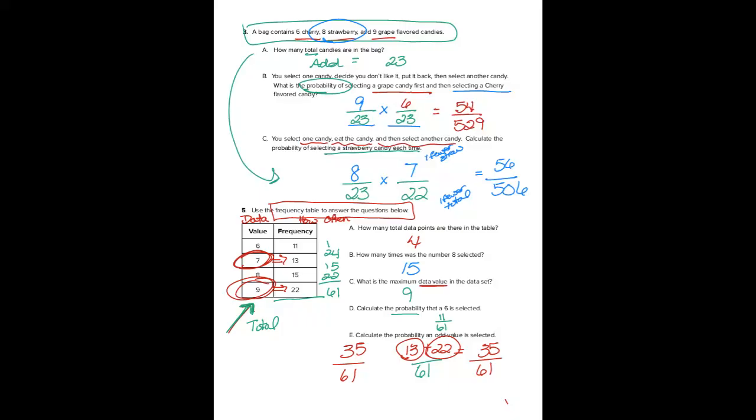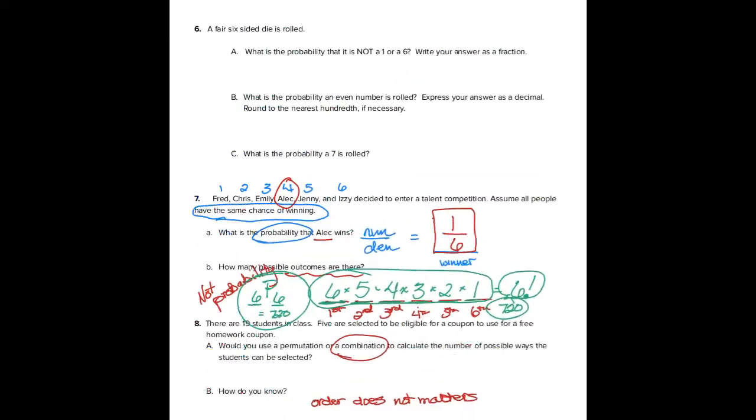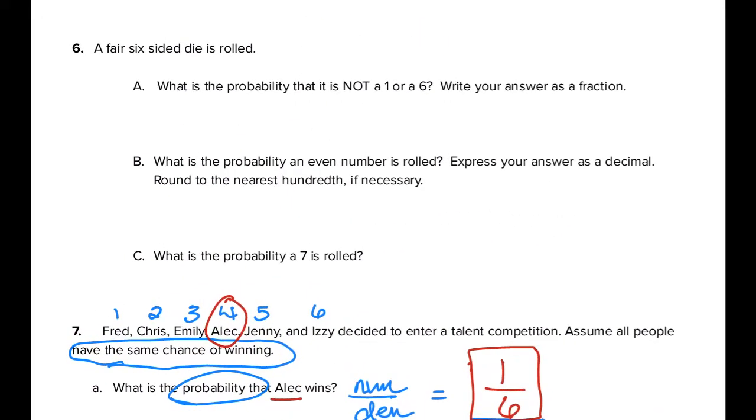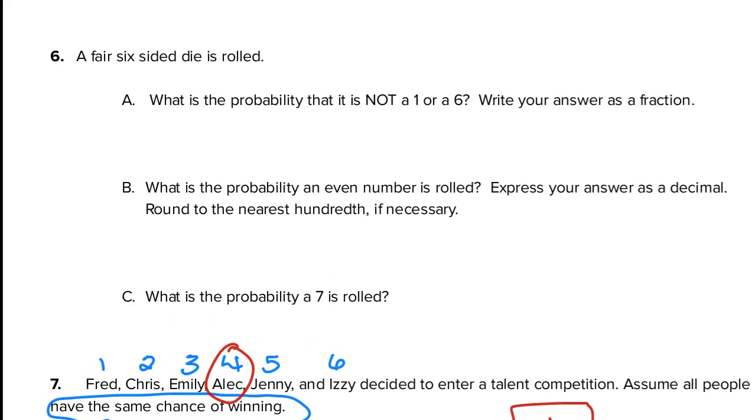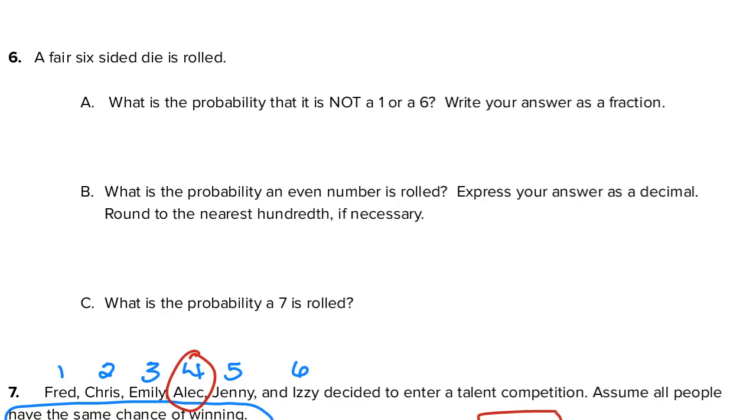Question 6. All right. A fair 6-sided die is rolled. So fair just means it's not a trick die, it's just a regular die, okay? What's the probability that it is not a 1 or a 6, okay?